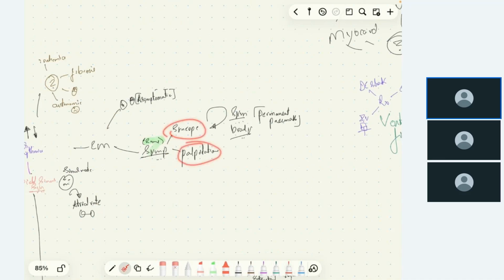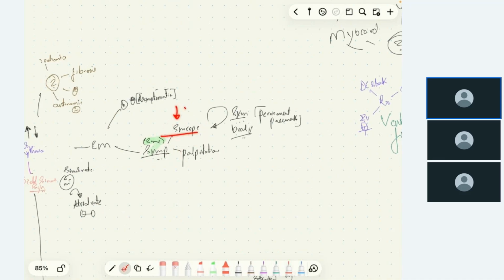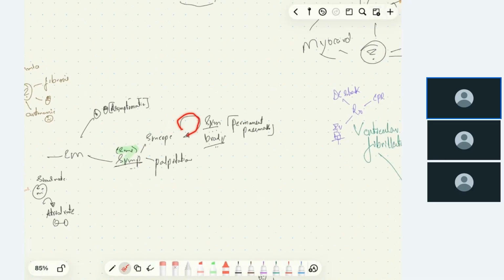Syncope because of reduced cerebral perfusion, and palpitation because of impaired atrial rate. So, if the patient has syncope and palpitations, repeated symptomatic sinus bradycardia can be treated with permanent pacemaker placement.